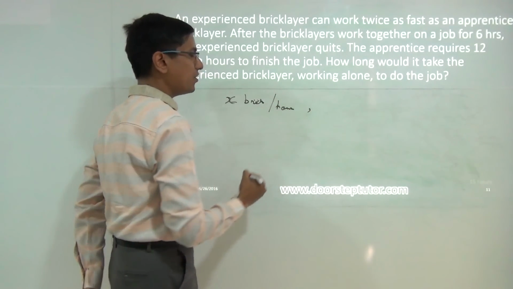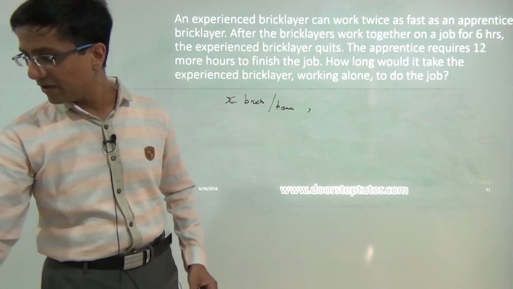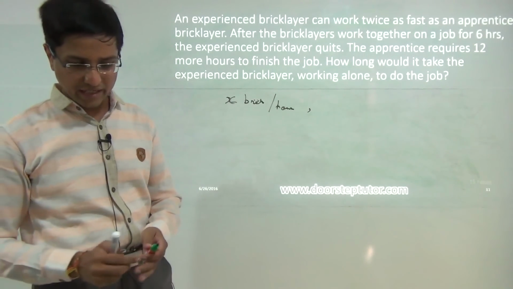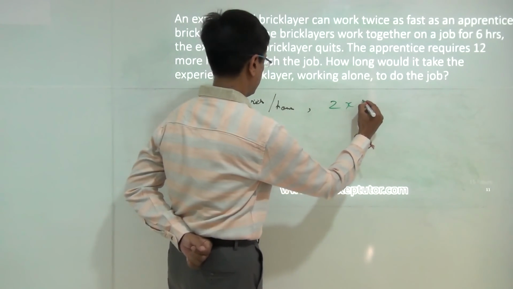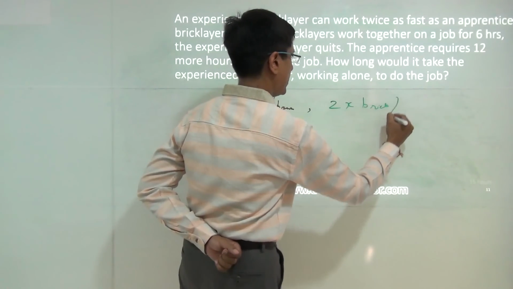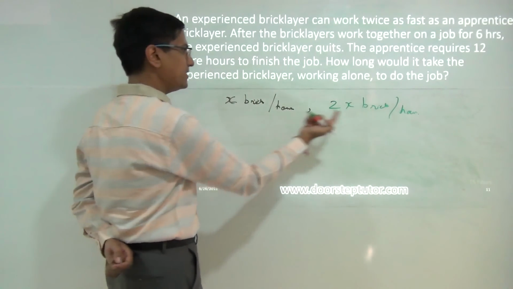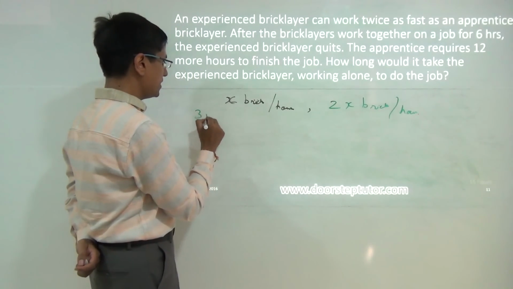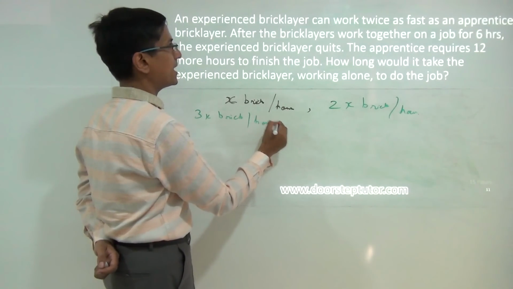So what would be the rate of work for this experienced person? Obviously, since he can work twice as fast, his rate would be 2x bricks per hour. What would be their combined rate? I can add the rates. It's very simple. So the combined rate would be 3x bricks per hour.